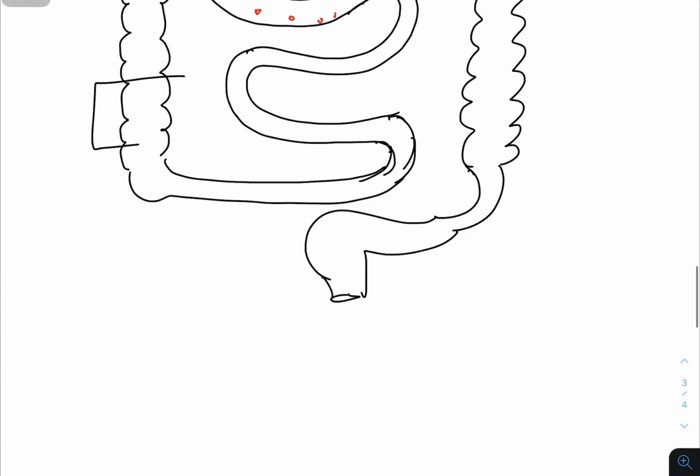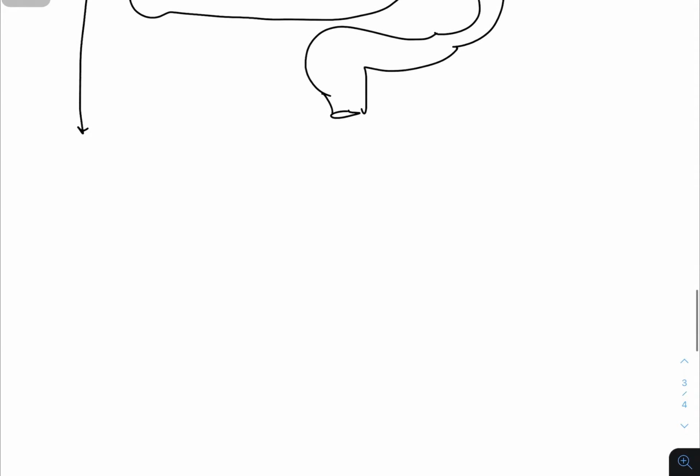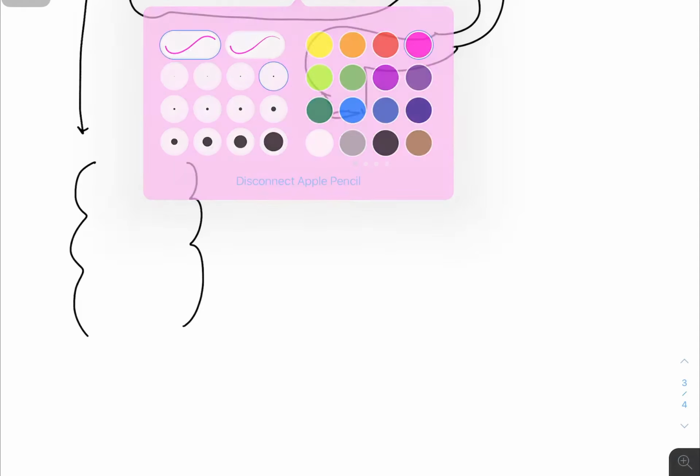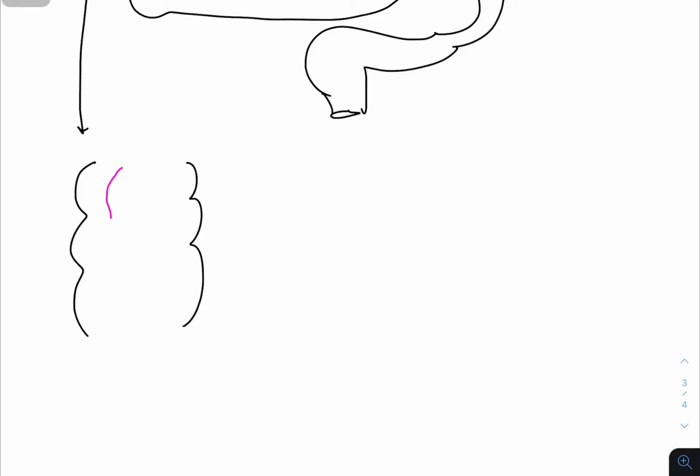For example, if I cut this part of the intestine and put it here, right? What is the innermost layer? See, this pink one on either side is the innermost layer of the intestine. This innermost layer is called mucosa. So this entire thing over here is your mucosa.